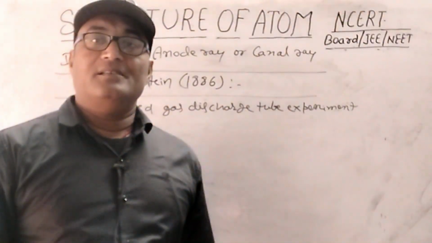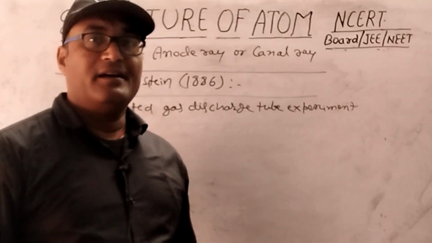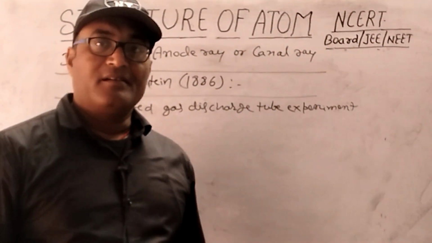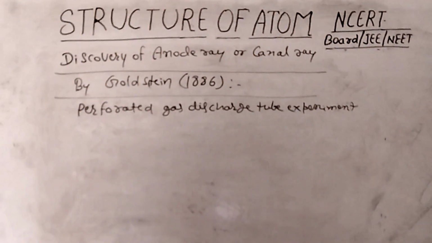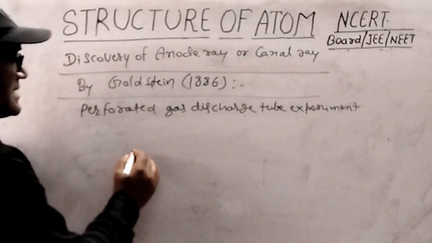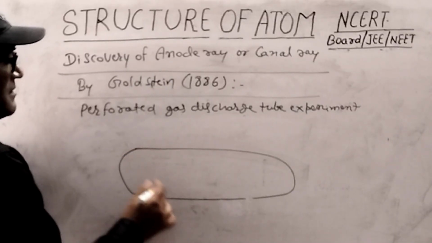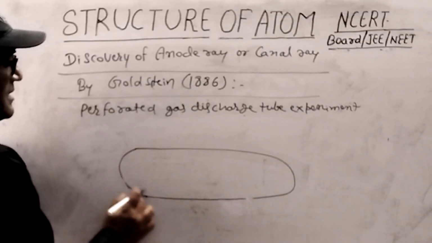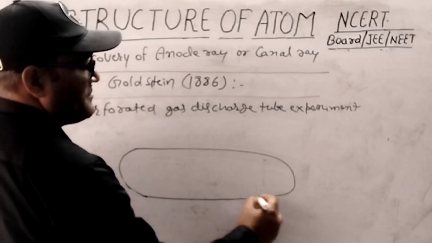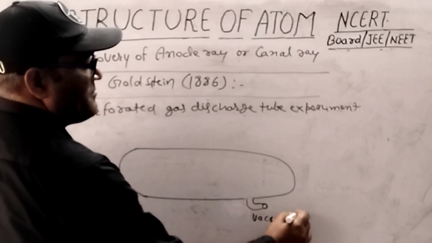This experiment was conducted by Goldstein in 1886, and here a perforated plate is used. With the help of the figure we can observe this experiment. In this experiment, a 60 centimeter cylindrical glass tube was used by Goldstein, and here is the vacuum pump.